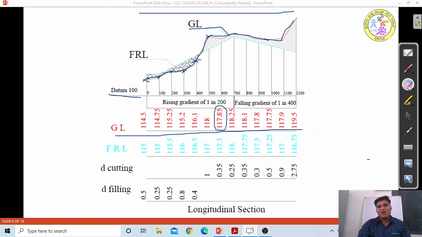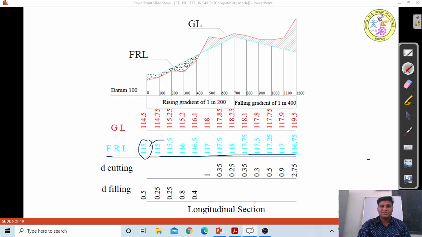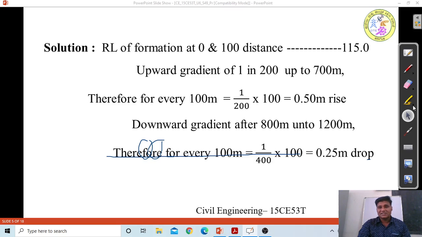After drawing the ground level, then you have to draw the formation levels. The formation levels are the ones in magenta or blue color. These formation levels are already given in the problem, and are calculated based on the previous slides. That is the rising gradient of 1 in 200, that is a 0.5 meter rise up to 700 meters.